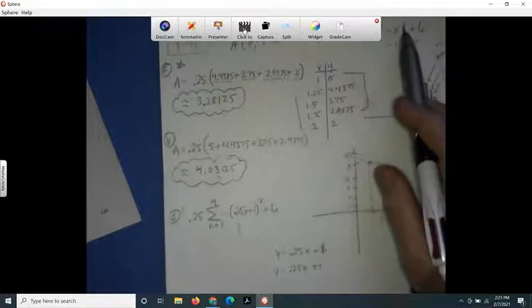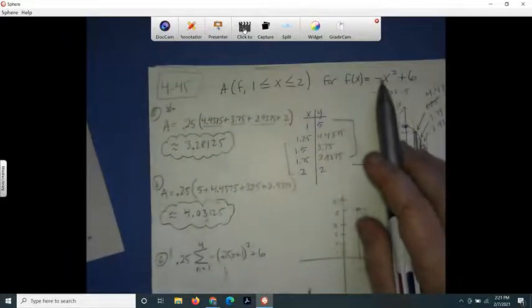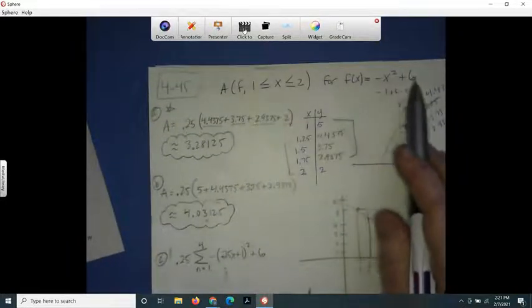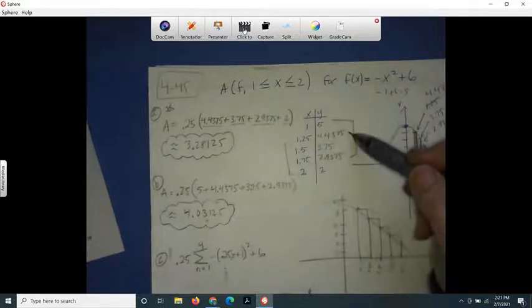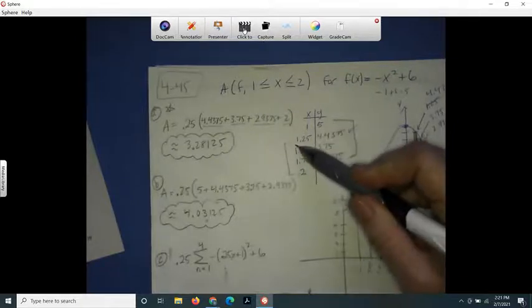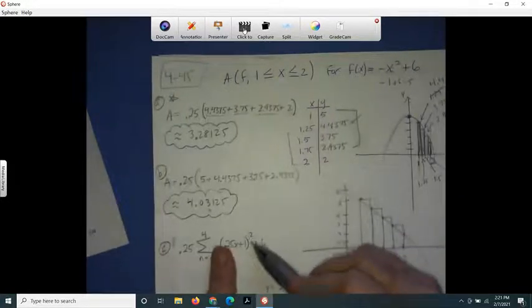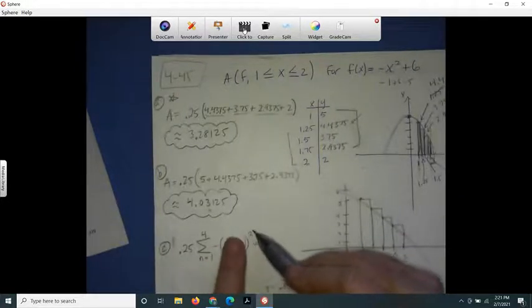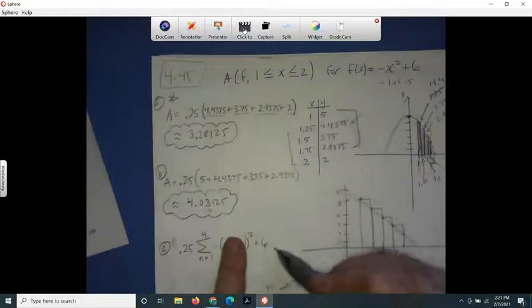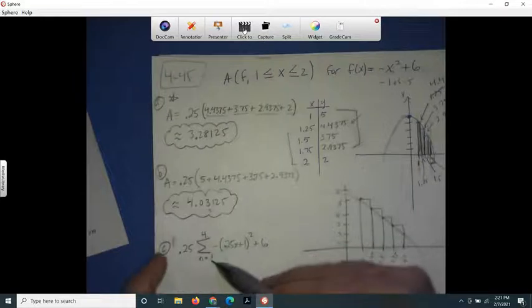By the way, the function came from here, negative x squared plus 6, because that's how I got these numbers: I took the 1.25 and plugged it in right there. So that's why I have the negative, and then this thing squared plus 6. The tricky part is, how did I get these 2 numbers, and how did I get this number inside?